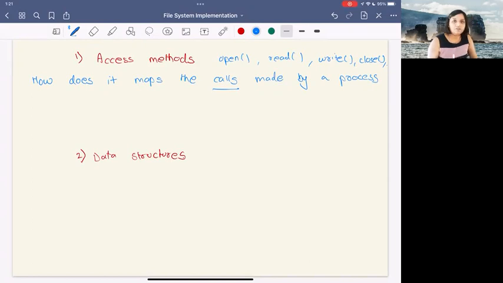And when we say mapping these calls to the data, that data resides inside some particular data structure. So if you are able to map these calls to that data structure, we would be able to access that data.